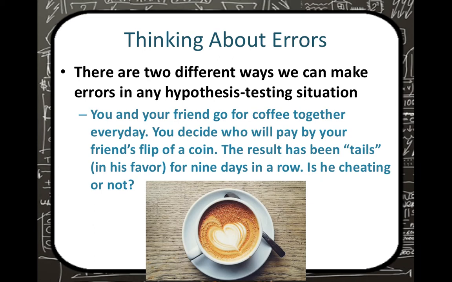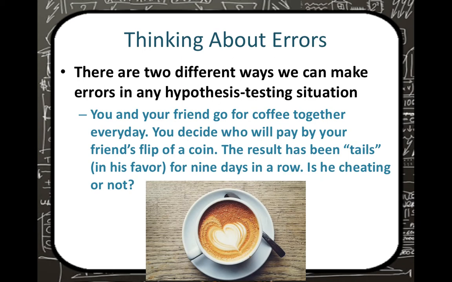So you and your friend go for coffee together every day. And instead of always having to split the check, you decide that you're going to flip a coin, and whoever's side is picked, they're going to pay that day. You figure coin flips are 50-50, so it should work out to you paying half the time and your friend paying half the time. Okay. So you decide who's going to pay by your friend's flip of a coin.